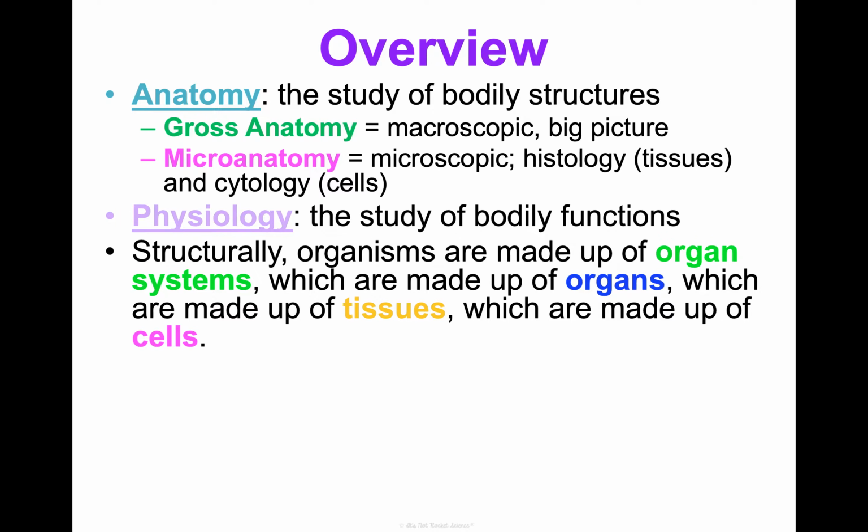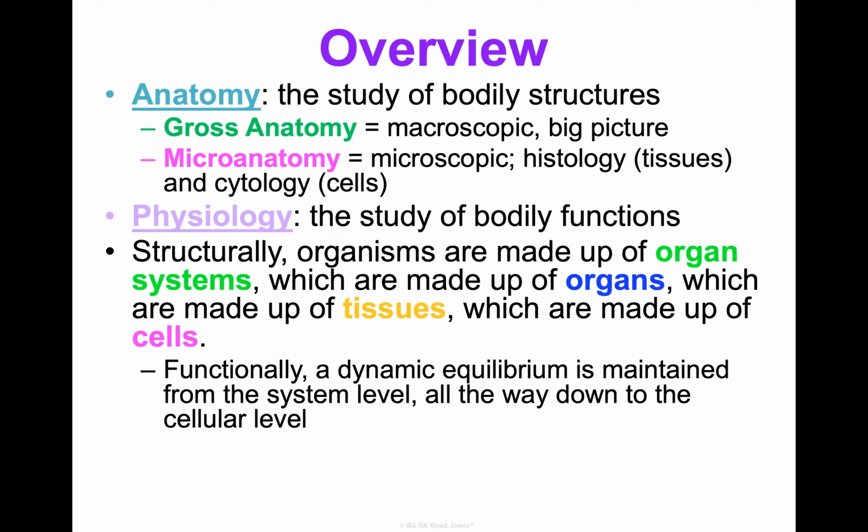Of course, we will label diagrams and we will learn terms, but I want more than anything for you to understand how the structure, how the cells, which make up tissues, which make up organs, which make up organ systems, which make up these organisms, us humans, how they work together on all these different levels to accomplish different functions of life and thus maintain homeostasis.